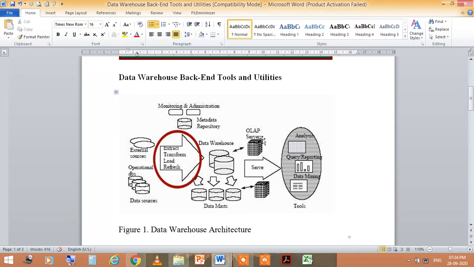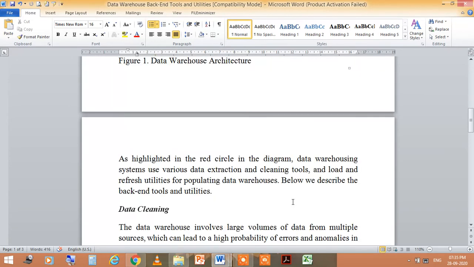OLTP is online transaction processing, meaning we are talking about the current data. So the data comes from the data warehouse, goes to the server, and then various tools are applied, like analysis, query reporting, and data mining. These are the tools which we are applying. So this is basically the architecture of the data warehouse.